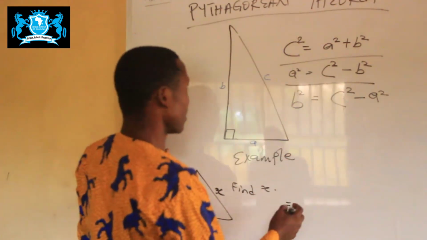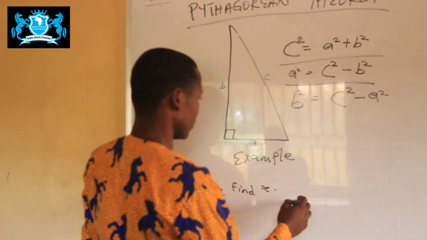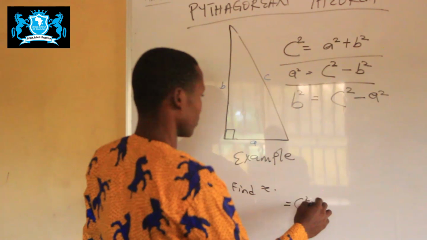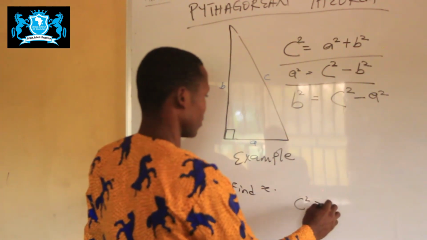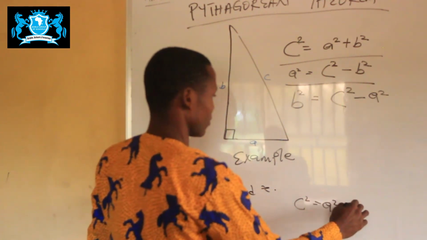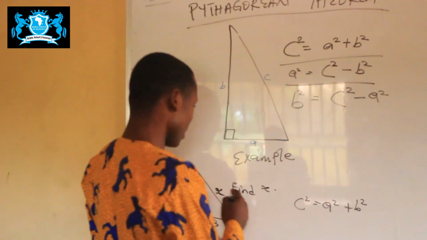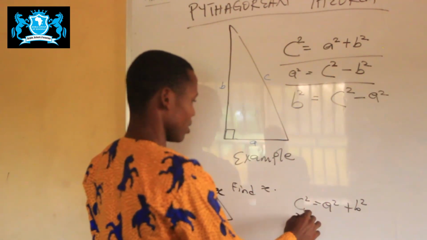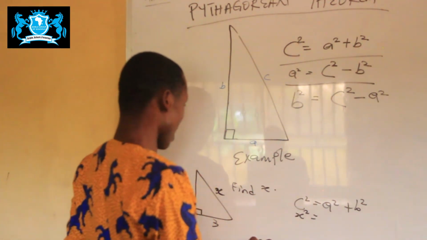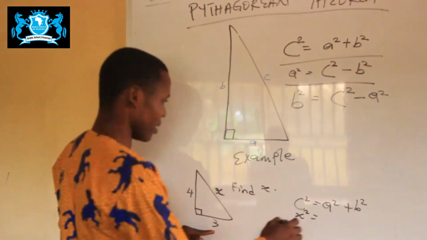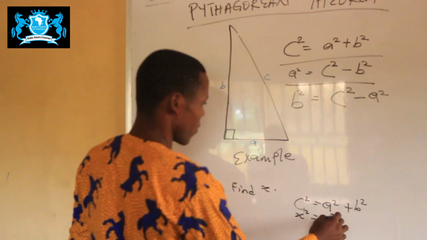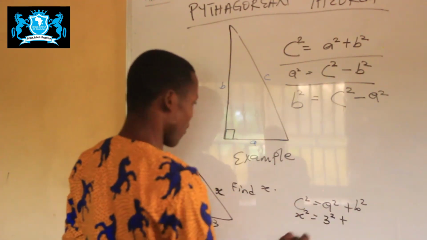We will simply say, I'm sure you are following. What's our c here? x equals to, what is our a here? Our a here is 3, squared. What is our b here? 4.